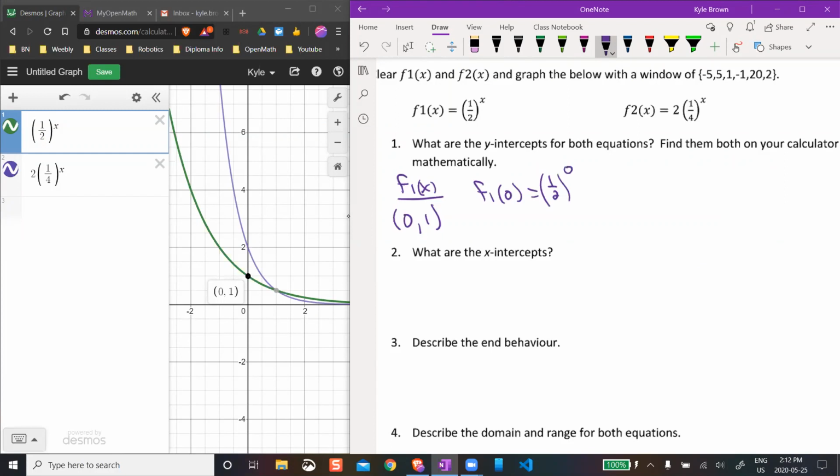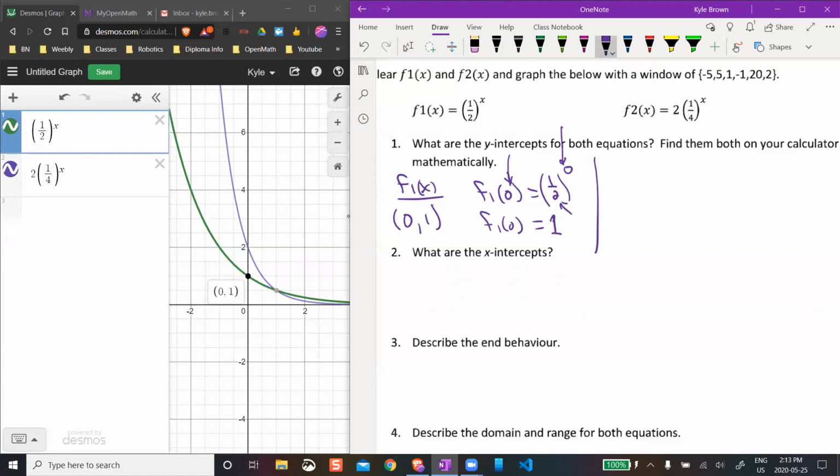Remember, all I did here was leave it as f of x, but put a 0 in for x, saying that everywhere there's an x, I'm going to throw a 0 into the function. Just function notation, right? That could have been a y, just like I did last time. So f1 of 0 is 1/2 to the power of 0, and it doesn't matter that it's a half now, because anything to the power of 0 is just 1. So that's where we get this from. It's going to be 1 at that point.